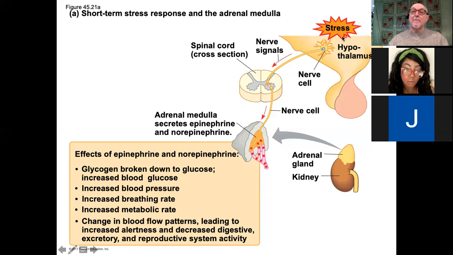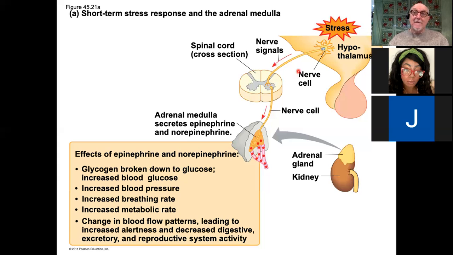A nerve impulse does pass through the spinal cord. This is a sympathetic nervous system function. So this is a totally unconscious function.